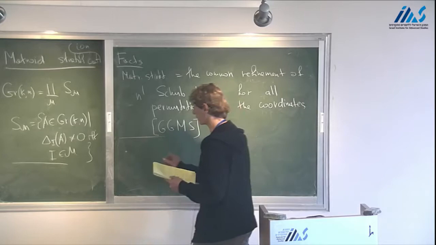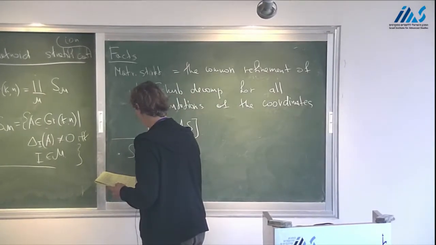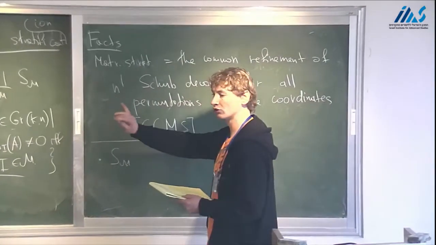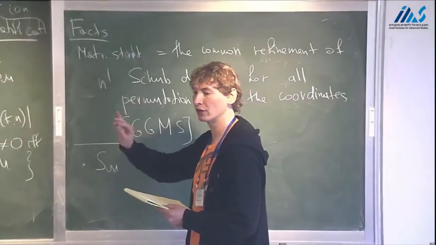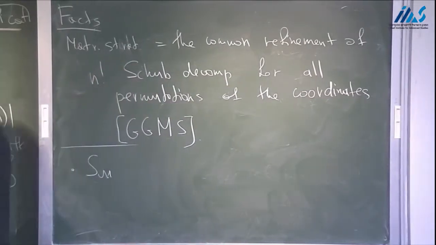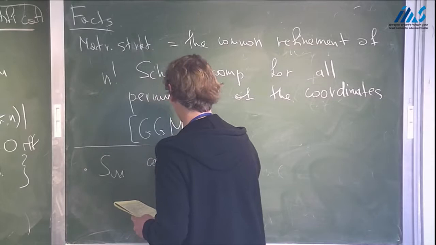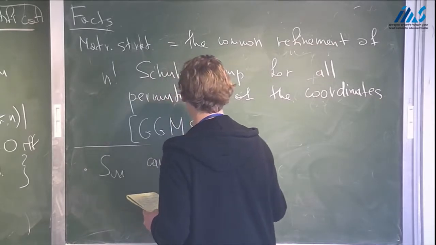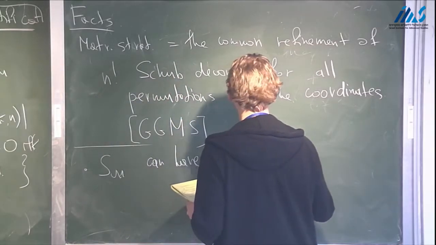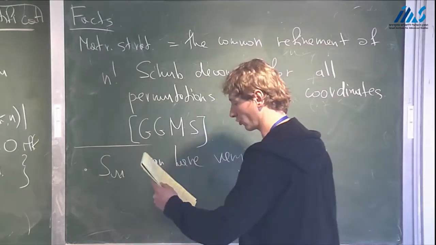I don't know if that's a good thing or not, but the fact is that these Matroid strata are not cells. In general, they're very far from being open balls, like Schubert cells. They can have a very complicated geometric structure.